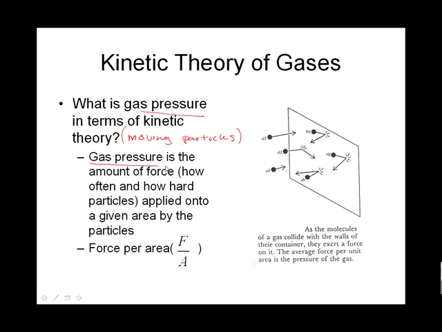So pressure is the amount of force applied onto a given area by particles. When I say force, I'm talking about how often and how hard the particles hit a given area. And so pressure could also be thought of as force per area, and that force is defined by how often and how hard the particles hit that area.